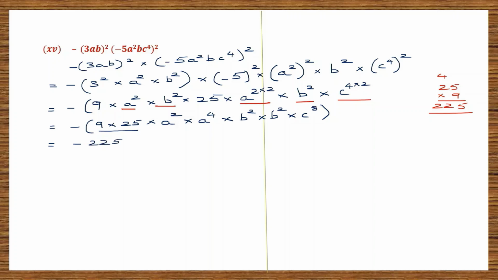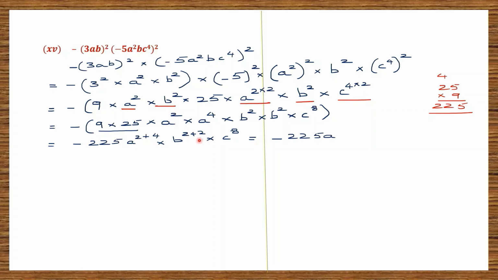Now look at a into a to the power of 2 into a to the power of 4. That is a to the power of 2 plus 4. A to the power of 2 plus 4 into b to the power of 2 plus 2 into c to the power of 8. This will be equal to minus 225. A to the power of 2 plus 4 is 6.